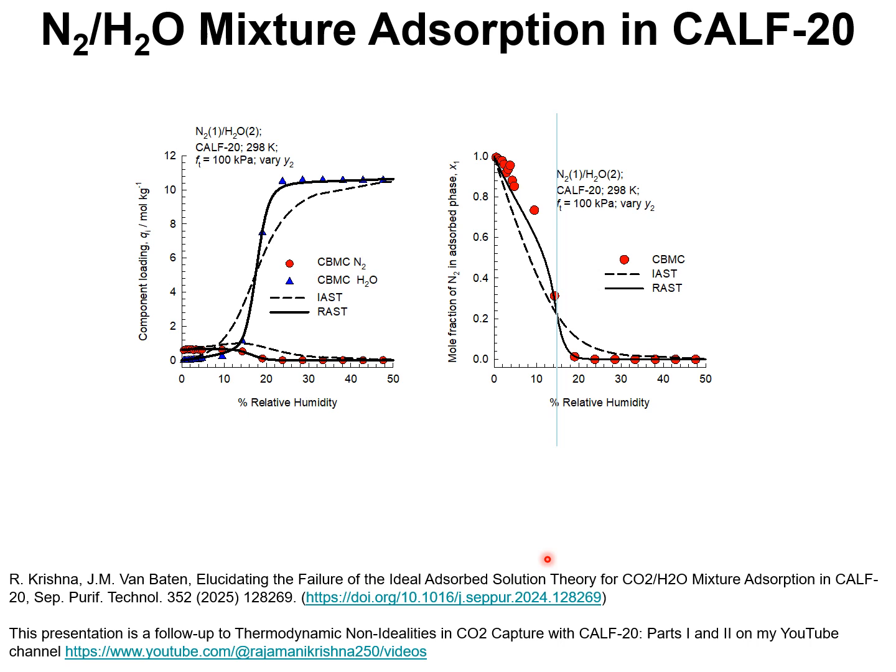At low values of relative humidities, the mixture adsorption strongly favors CO2, and at relatively high values of relative humidities, the mixture adsorption favors water, and CO2 adsorption is suppressed.